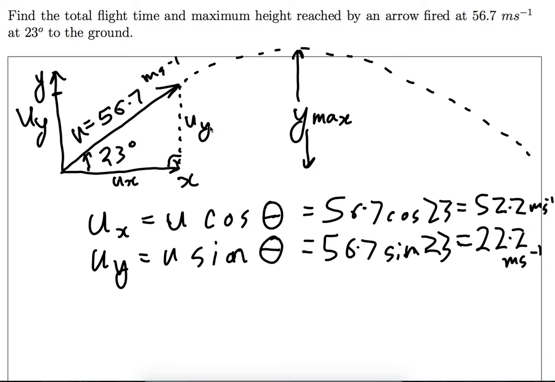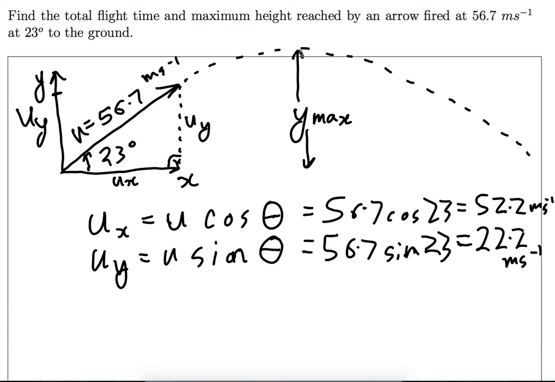Now we know also that for projectile motion, ux will stay constant. So Vx will be equal to Ux. It will just continue at the same speed in that horizontal direction because we ignore air resistance. Uy will change, and in fact it will start at 22.2 at the start, and at the top, at Y max, it will be equal to 0 meters per second because you had an upward velocity and then you start having a downward velocity.